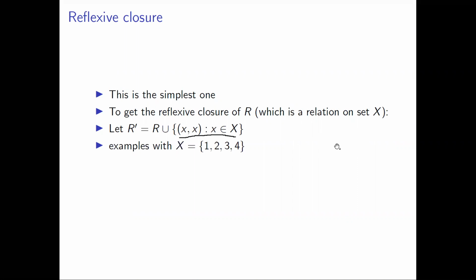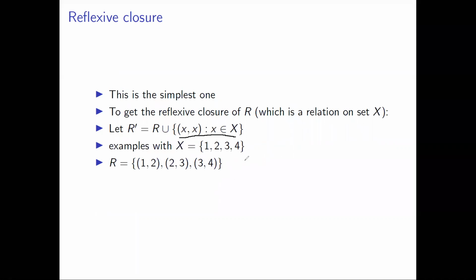We're going to use a small set here, the set X equals 1, 2, 3, 4. There's our first relation on the set big X, and here is its reflexive closure.